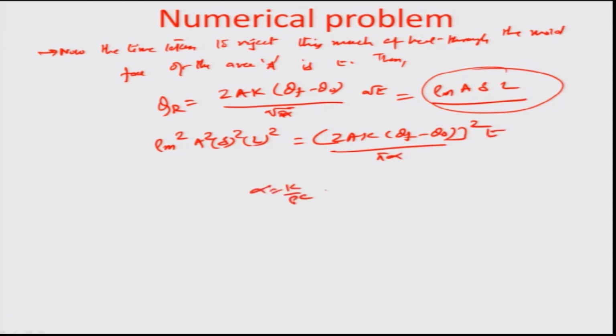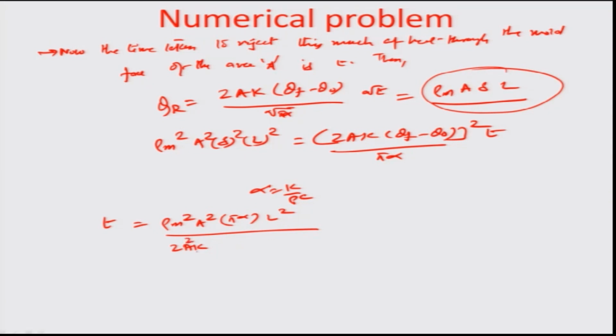Alpha is equal to k by rho c, and it would therefore mean that the total time that is needed for the whole process to happen is equal to rho m square A square times pi alpha times L square divided by twice A k.